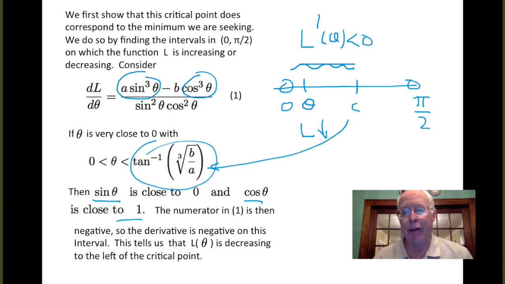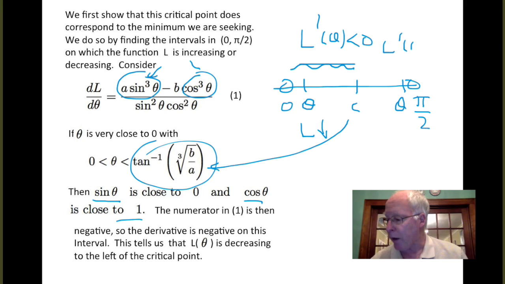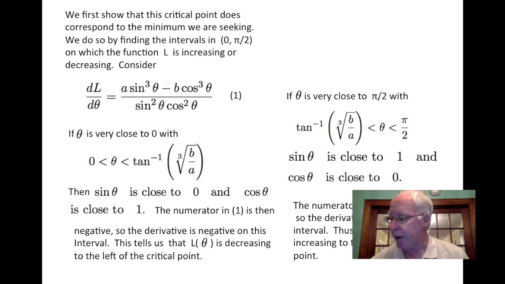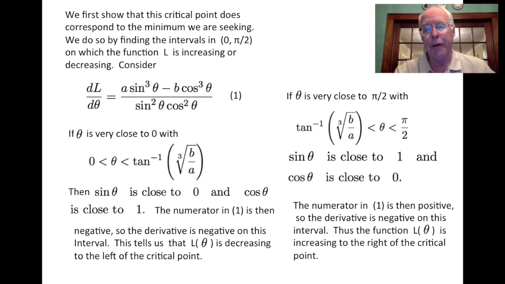We'll do a similar analysis for the right-hand side by taking a theta close to pi over 2, because for that, the sine will be close to 1 and the cosine will be close to 0, and we'll see that L prime of theta is bigger than 0 on that side. So let's take a look at that, and here it is.